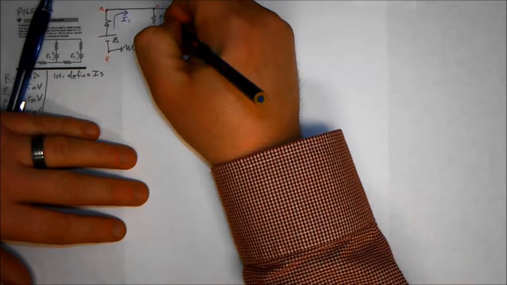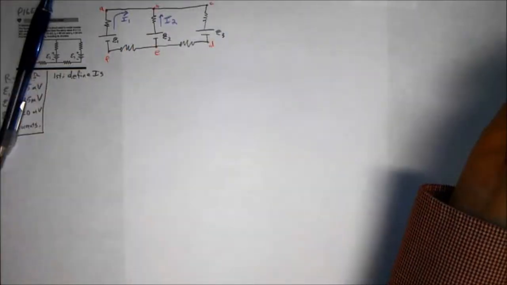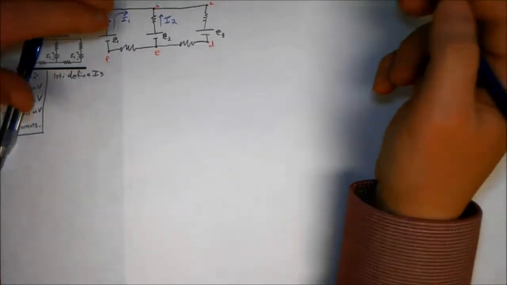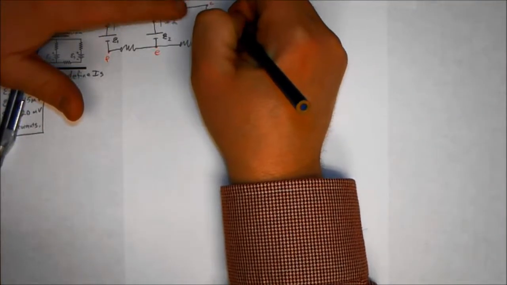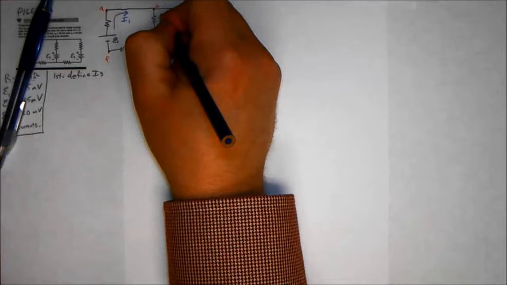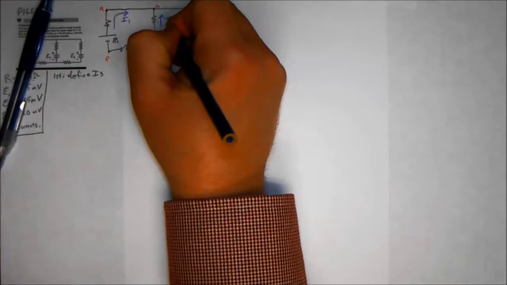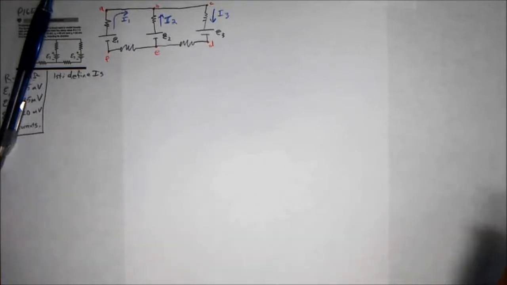So I'm going to define I2 this direction. Again, completely arbitrary. And I will define I3 as this direction. Could have done it differently. This is the way I did it on the solutions I posted online. So I'm just being consistent here.